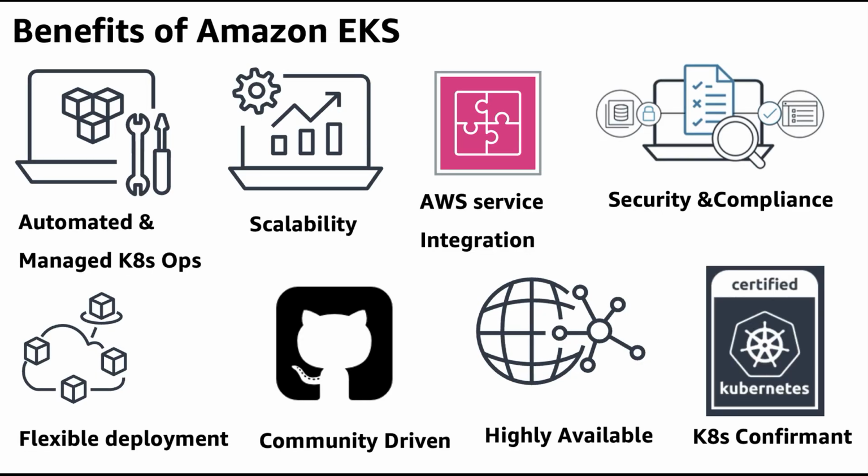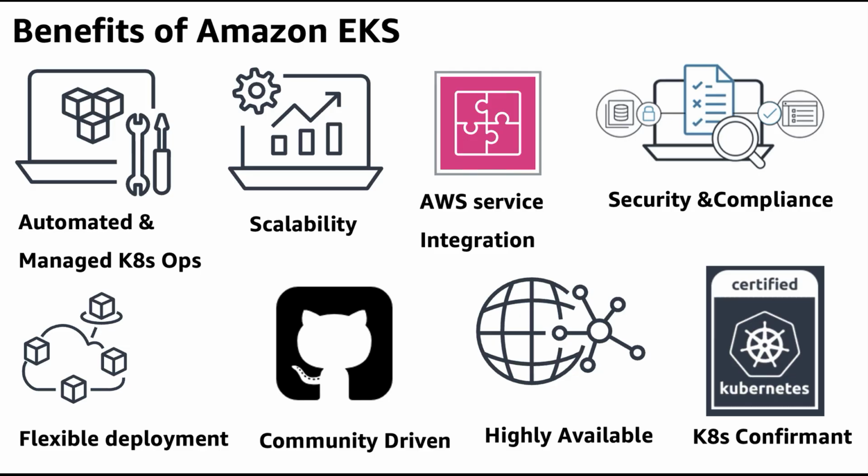Amazon EKS is certified to be compliant with upstream Kubernetes. This means that EKS runs the same Kubernetes version as the open source Kubernetes community and supports the same APIs, tooling, and plugins.